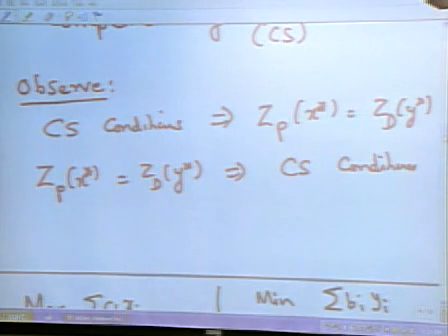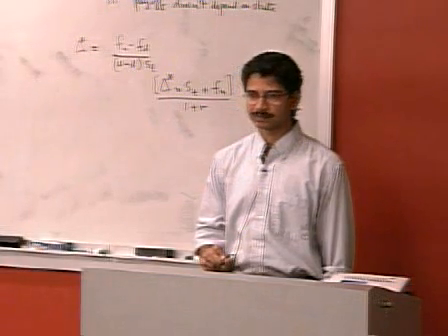If those conditions are satisfied, then the exact same argument worked in reverse will establish that the primal and the dual objective values are the same. The second implication that's written down there is just what we proved: we start with two solutions whose values are identical, then the CS conditions have to be satisfied. The assumption, of course, is that X star and Y star are feasible solutions to the primal and dual problems, respectively.